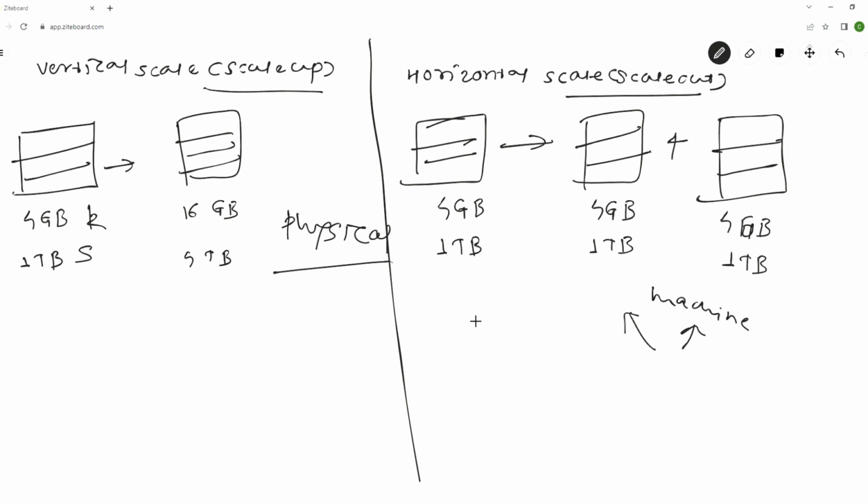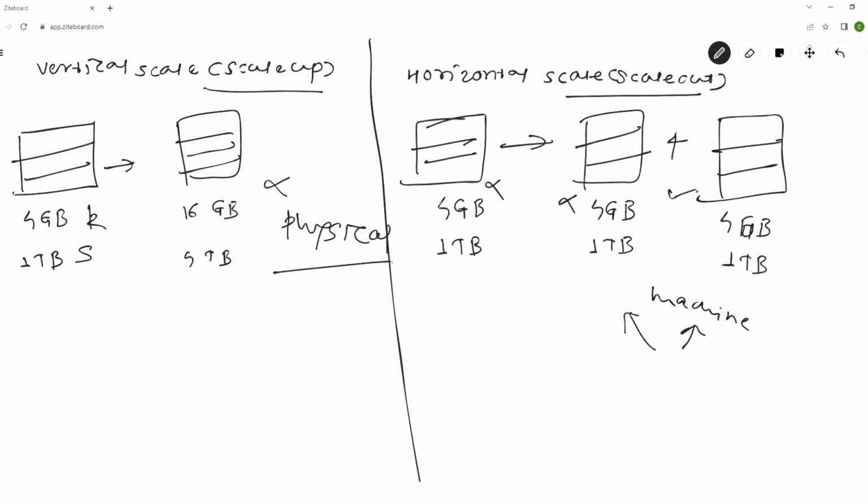Also, for the vertical scale, it is easy to manage a single server. In the case of the horizontal scale, it is difficult to manage the different servers. But for the vertical scale, if this server goes down, then your whole application goes down. For the horizontal scale, if one distributed machine goes down, then the others are up, so it will not affect your application that much.